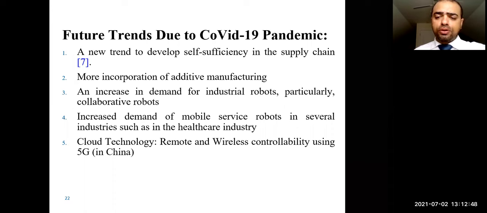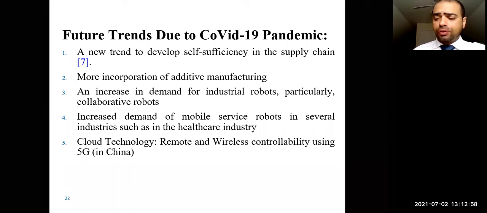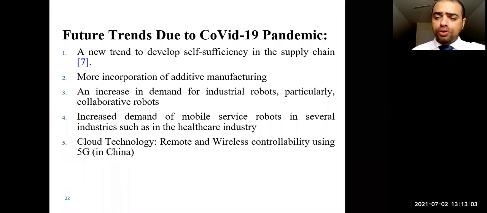Increased demand of mobile service robots, such as in hospitals and in other industries. And of course, increased use of cloud technology for remote and wireless controllability using 5G. So these are the trends due to the COVID-19 pandemic.